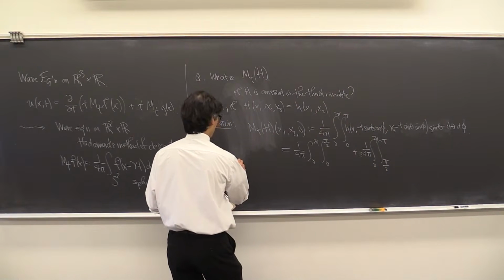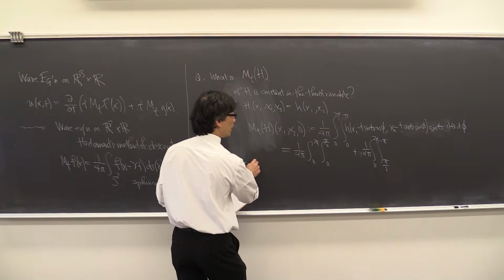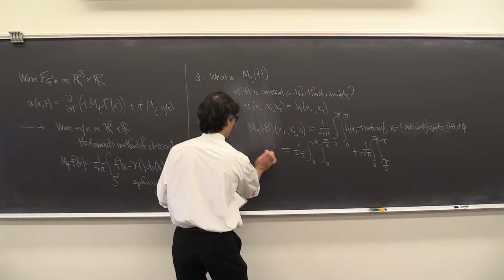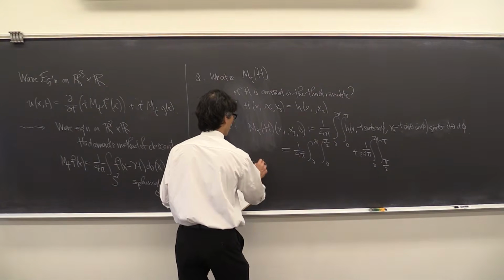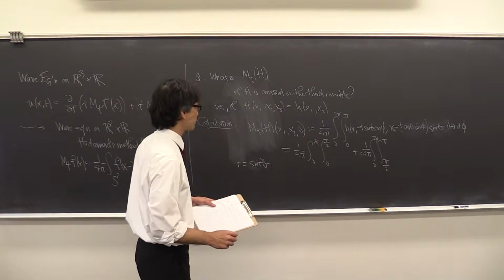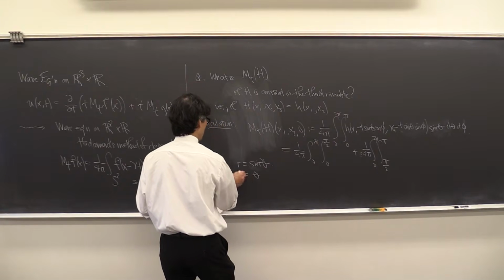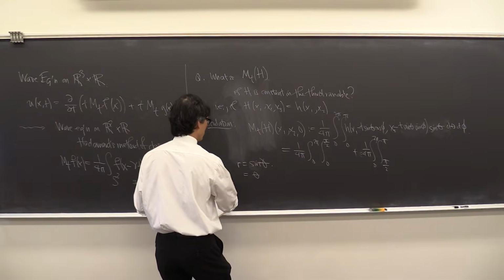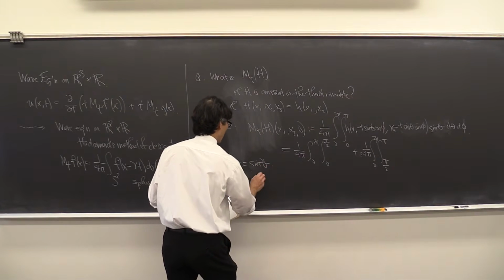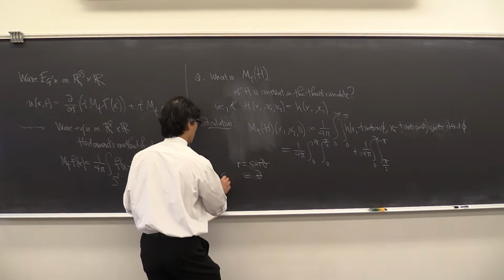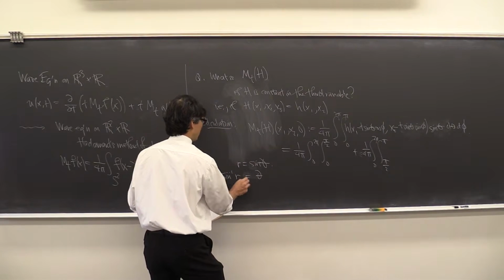We let r be sine theta, right? So in the first one, theta is going to be arcsine of r.